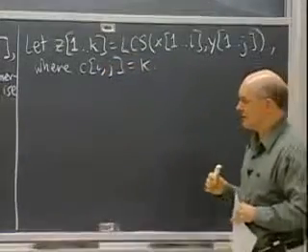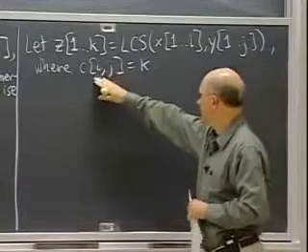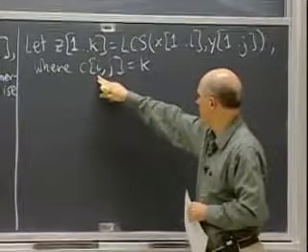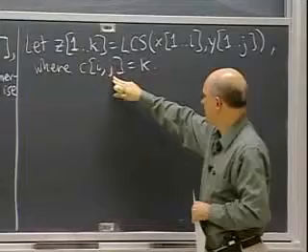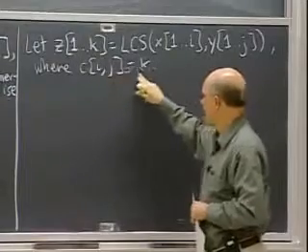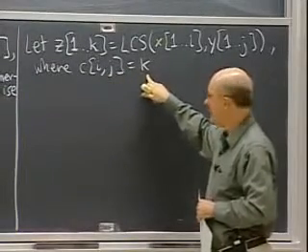So the longest common subsequence of x of 1 to i and y of 1 to j has some value, let's call it k.